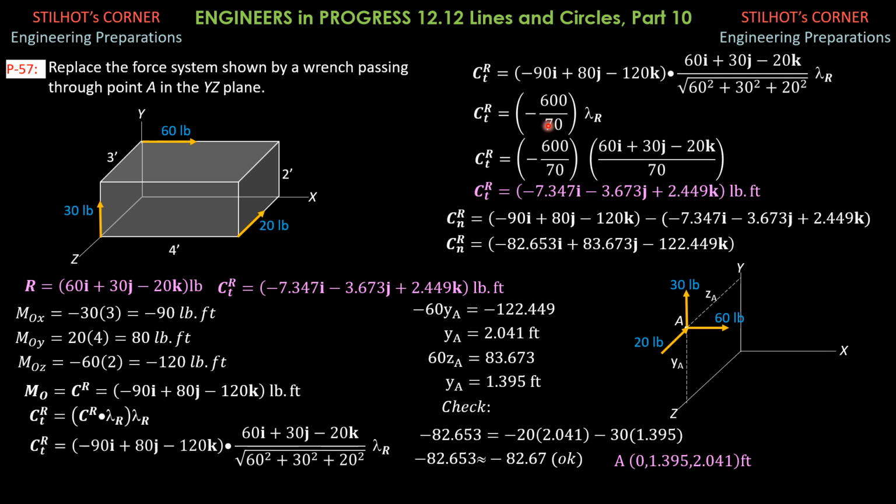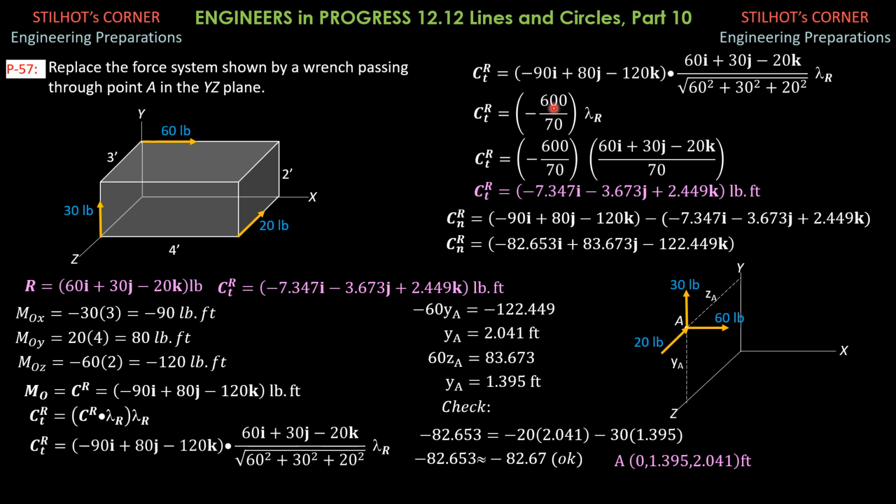So that's negative 600 over 70, where the magnitude of the force is 70. So this is the component of the couple in the direction of the force, which serves as the twisting couple or twisting moment.